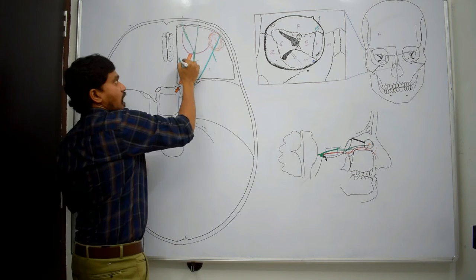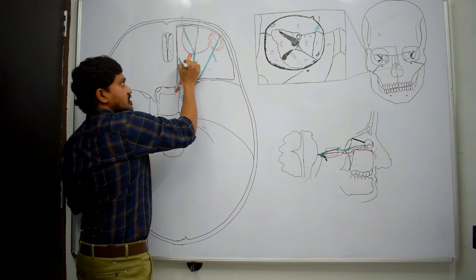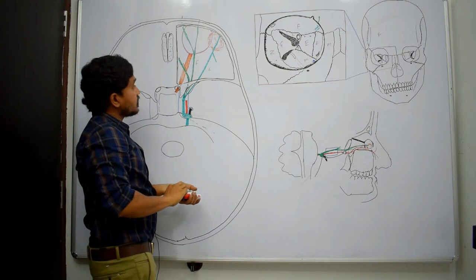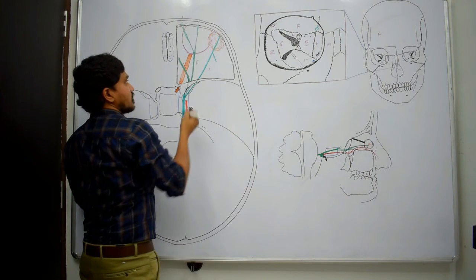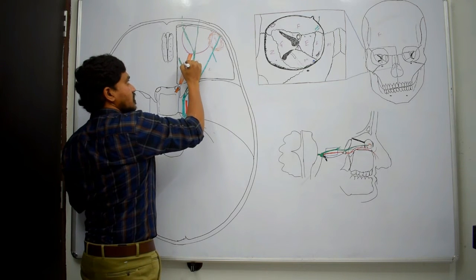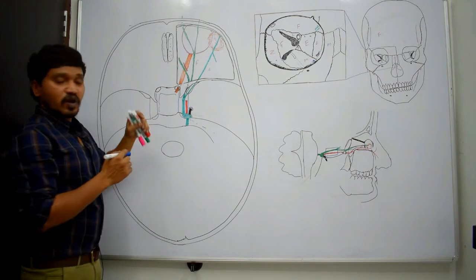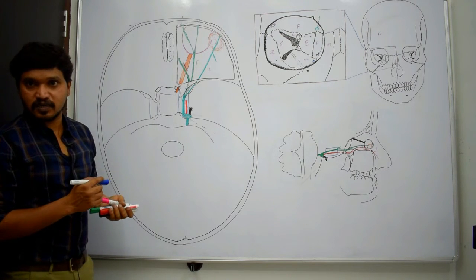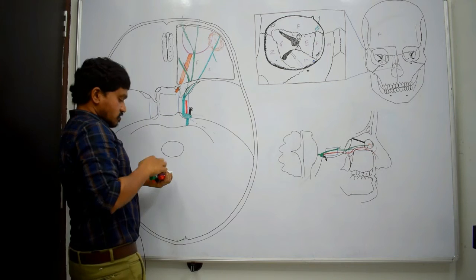Anterior to it, the artery is crossing. Which artery is this? Ophthalmic artery. Still more anteriorly, there will be the superior ophthalmic vein. Here, superior ophthalmic vein. I am drawing very small because we don't want to disturb the remaining structures. Right? So this is the nasociliary nerve.